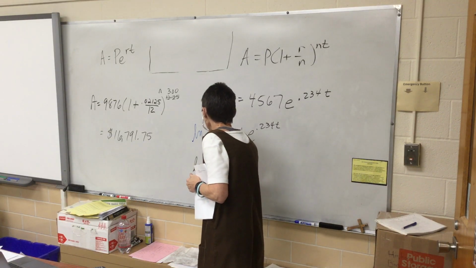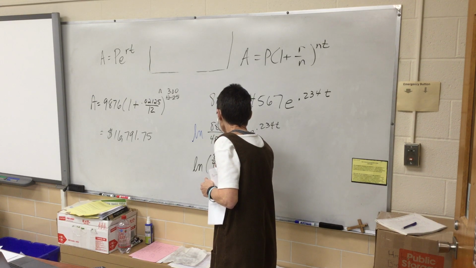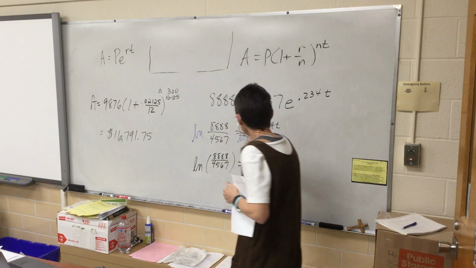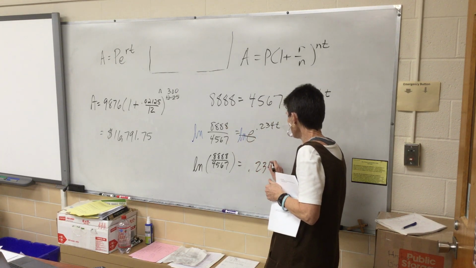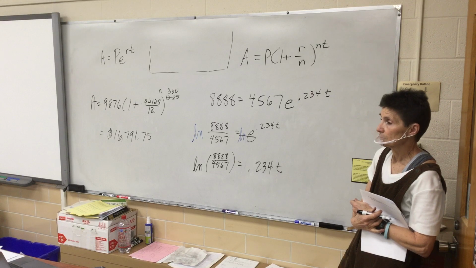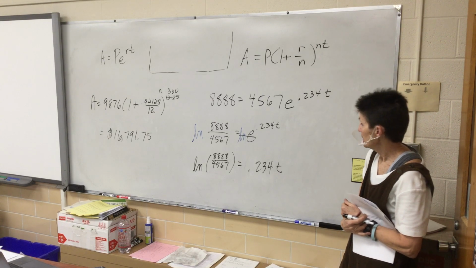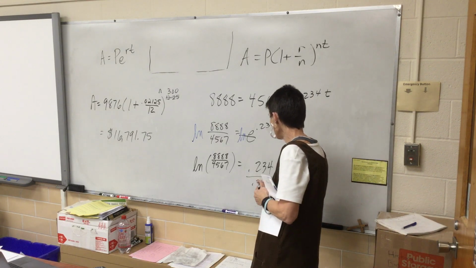So we'll have ln of this fraction equal to just 0.234t. And then we're just going to divide by 0.234.